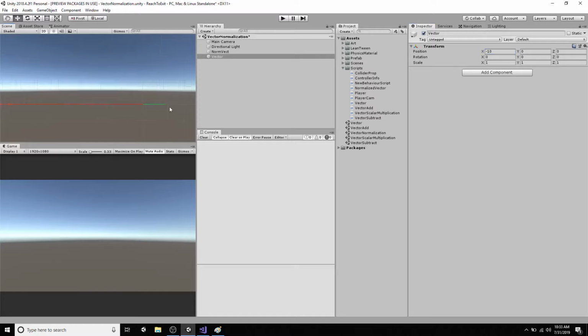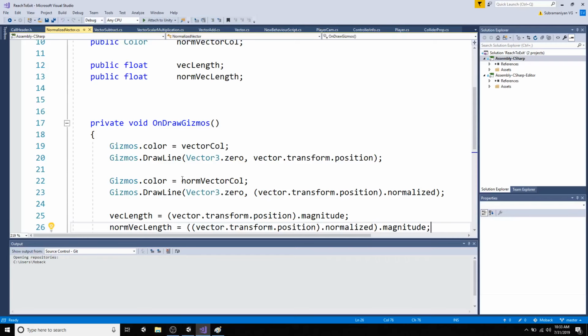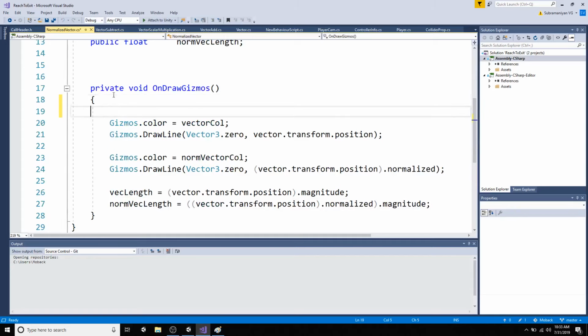So all I need is the direction. I don't want to tell anyone that I am pointing in the left direction up to -10 or +10. That is not needed. So let's see the normalized vector in debug mode.